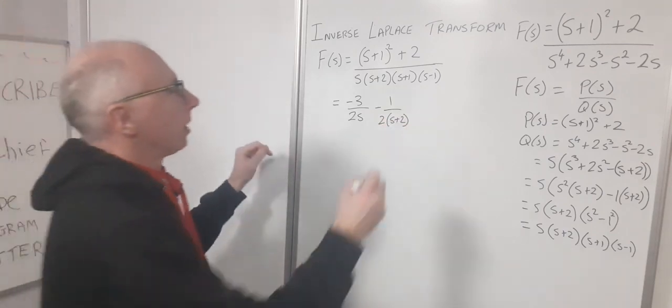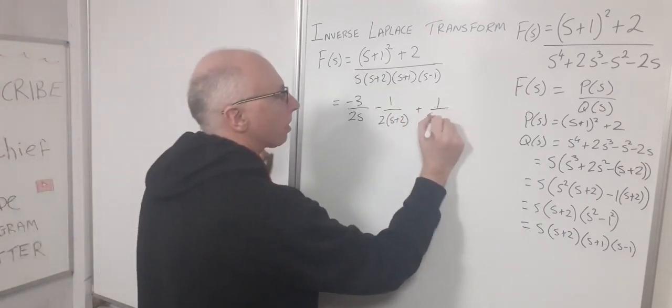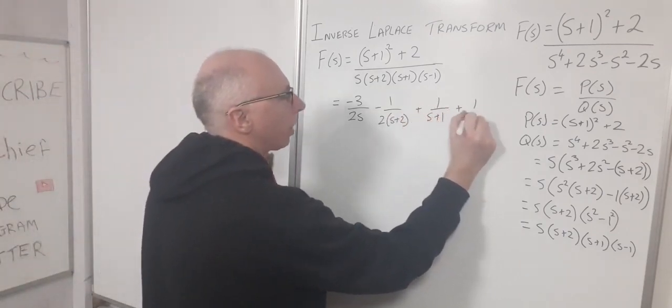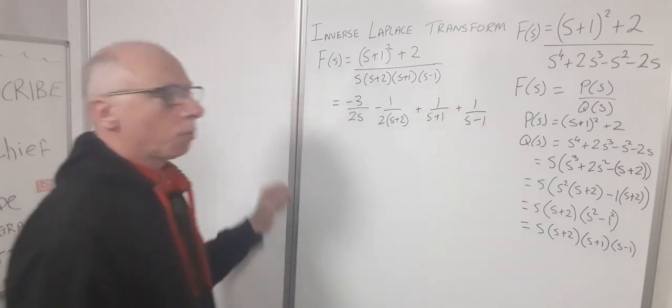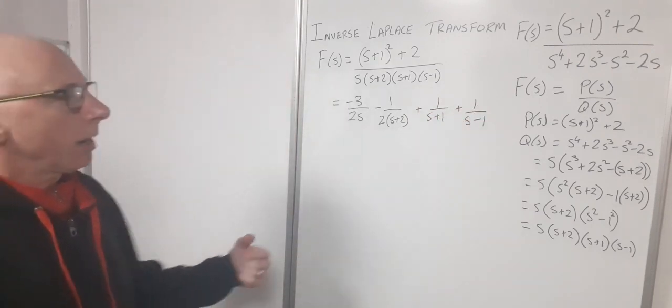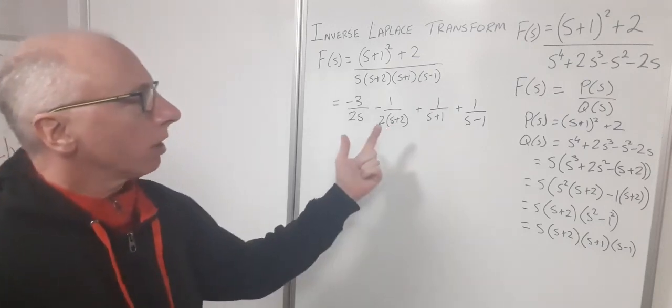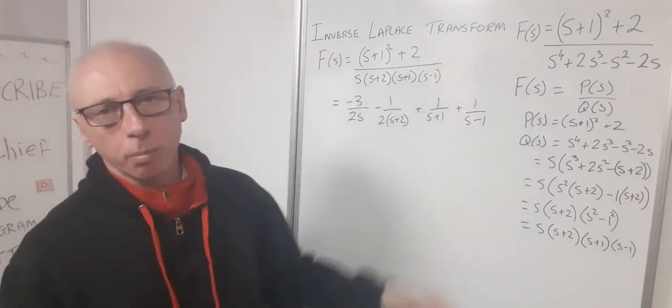And then we add 1/(s + 1) and 1/(s - 1). Okay, so now we can take this off the board and we can continue to concentrate on the inverse Laplace transform.